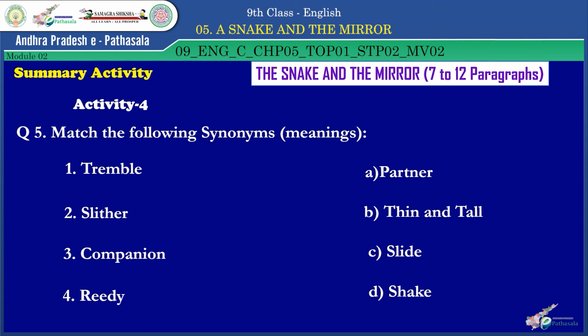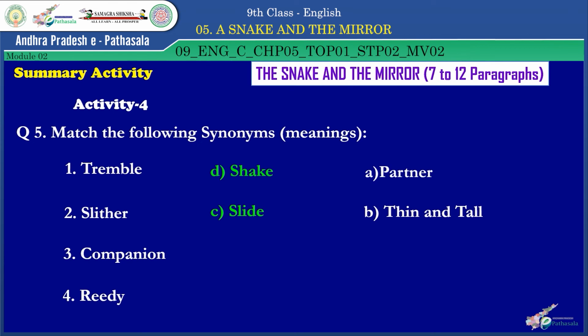Now we'll match which word is a synonym for which word here. Firstly, let us see tremble. Children, guess which word may be the synonym for tremble? Yeah, your guess is right. Congratulations. D, shake is a synonym for tremble. And now let us see. C, slide is the meaning or synonym of slither.